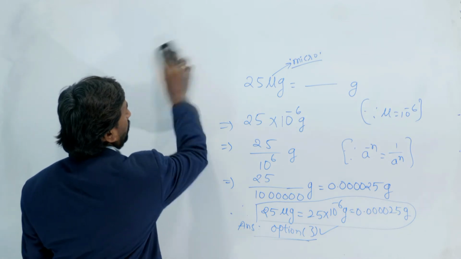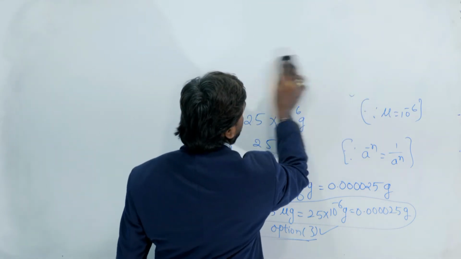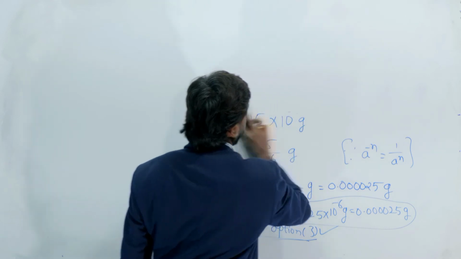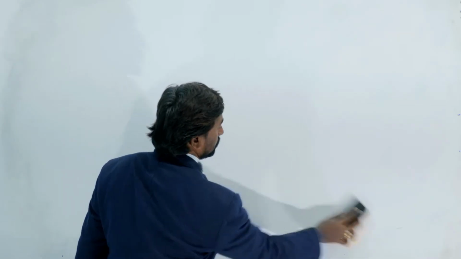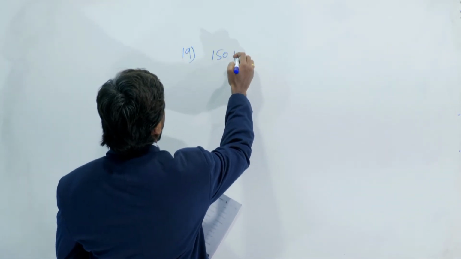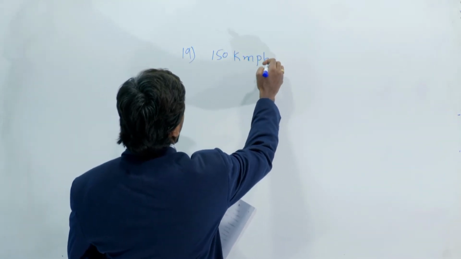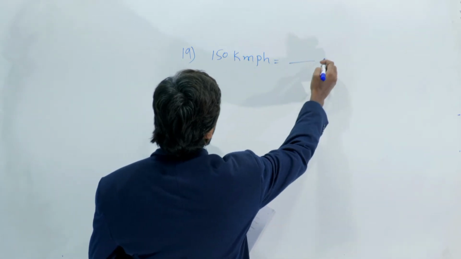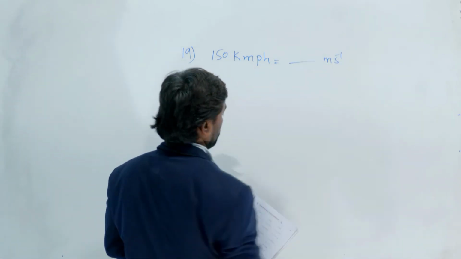Okay. So now the 19th one. The 19th question is given here: 150 kilometer per hour is equal to dash meter per second.